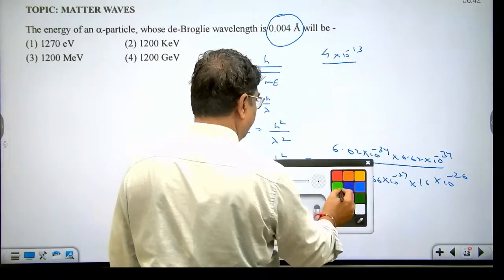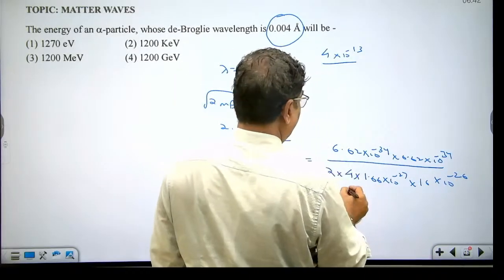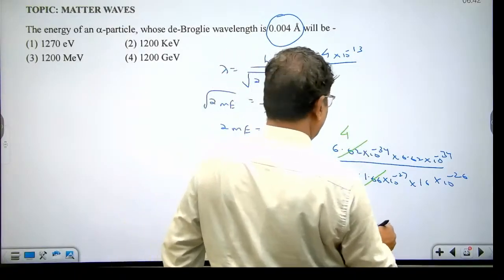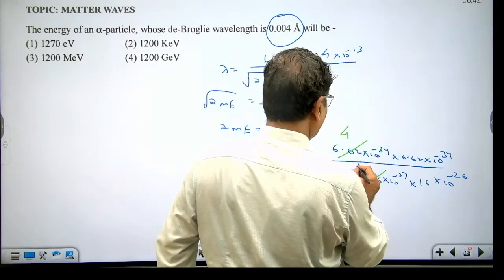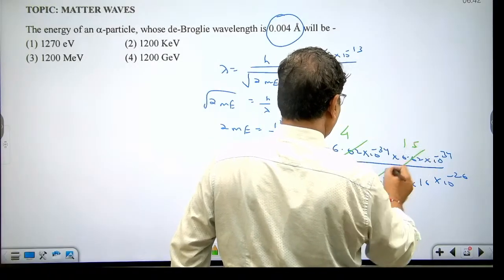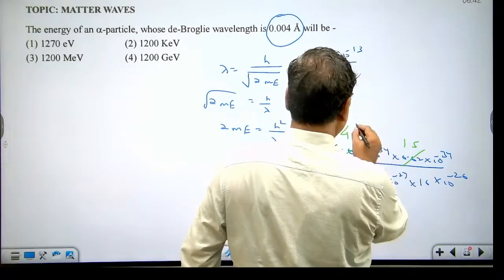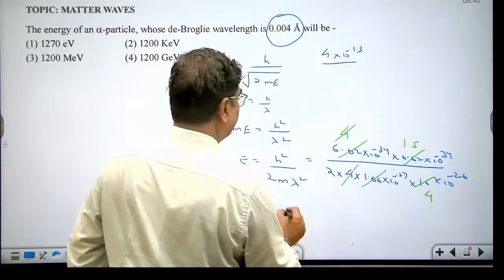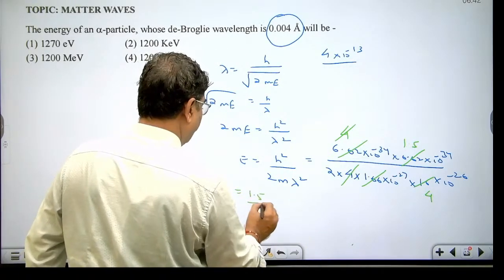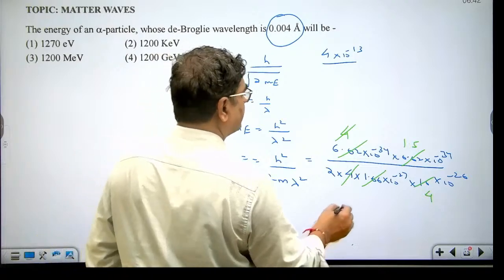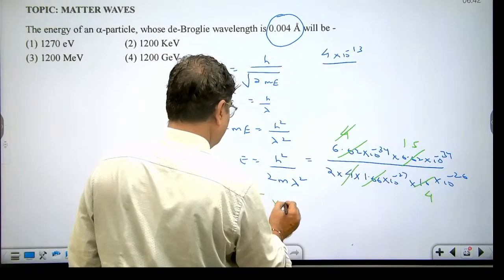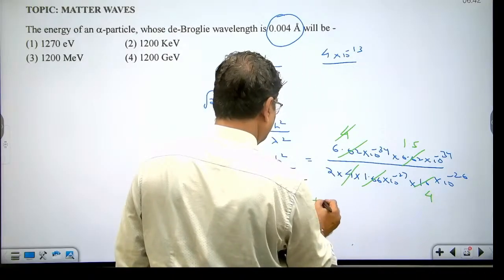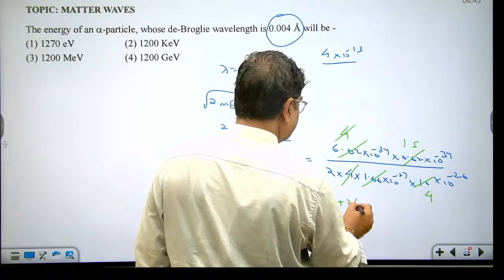Now we can solve it very easily. This is 1.6, so this will get cancelled by 4 approximately. This 4 will get cancelled with 1.5. This 4 will get cancelled by 4. This is 4 into 2, 8. So 1.5 upon 8. This is 10 power minus 68, and this is 10 power plus 27 plus 26.